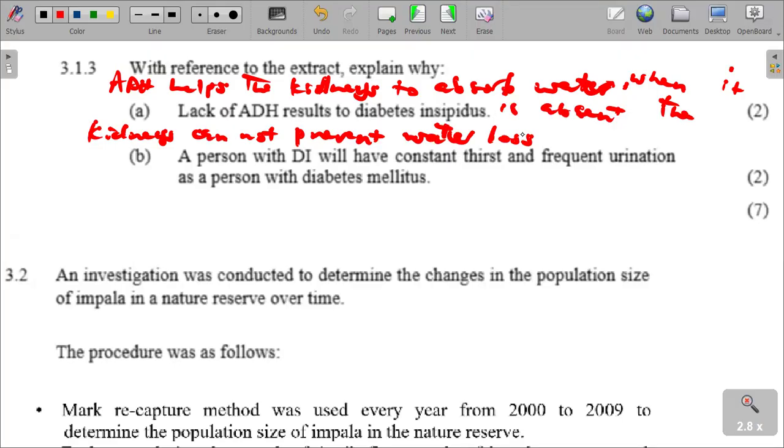So large amounts of dilute urine are produced, leading to diabetes insipidus.